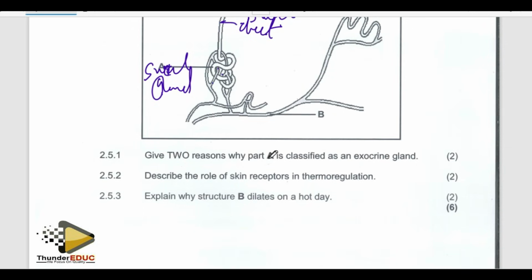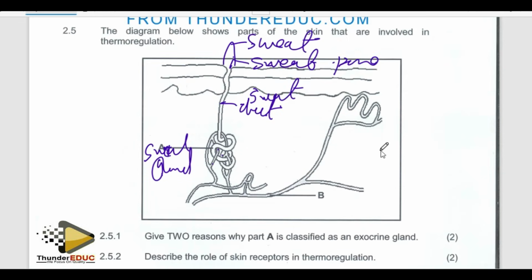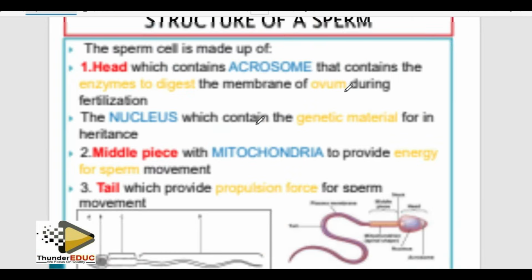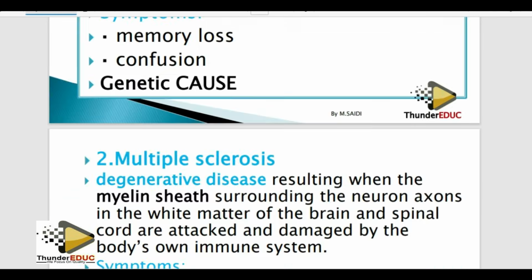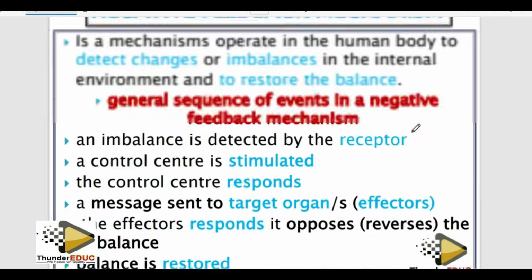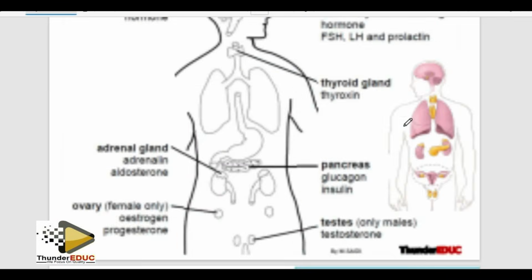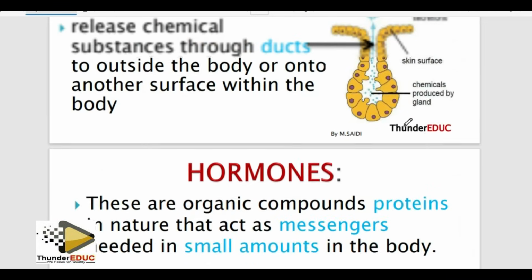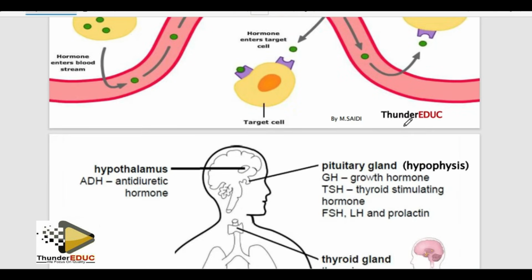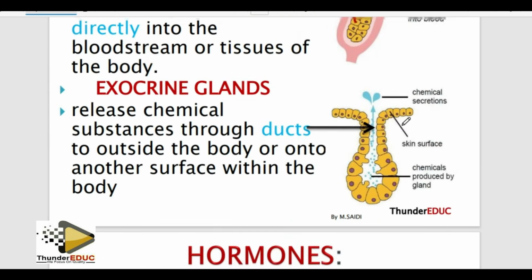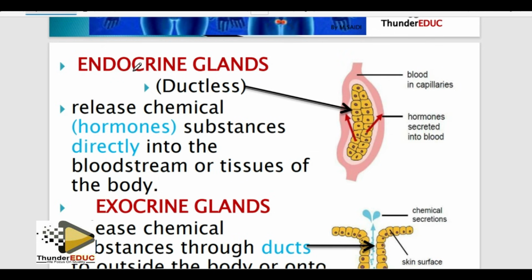Give 2 reasons why A is classified as exocrine. First of all, exocrine glands have ducts. We call them duct glands. That's what I said here in the distinction material, that we call them exocrine because they have what we call the duct. They are duct glands. Check. Exocrine glands, we call them duct glands.